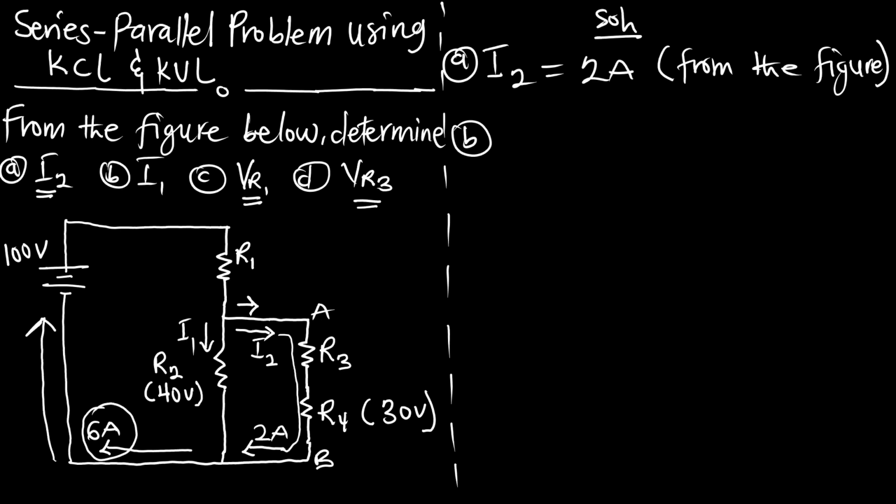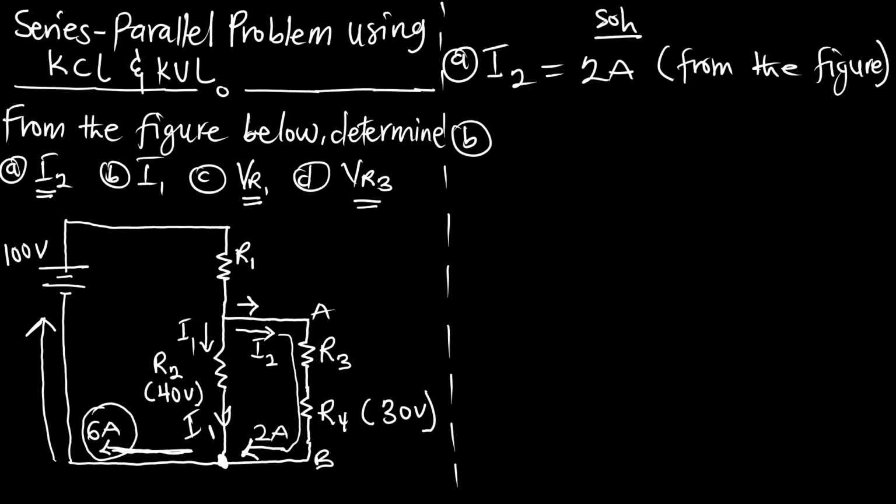And this is telling us that at this junction, the current that is leaving is 6 amperes. Is that true? Yes. Because I2 is coming this way and I1 is also coming this way, and the leaving current is 6 amperes.